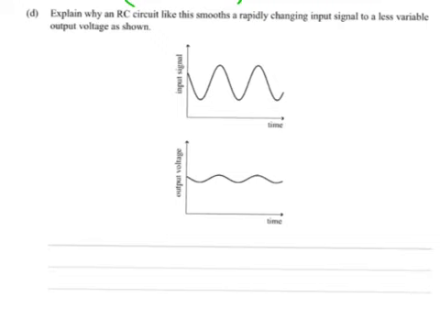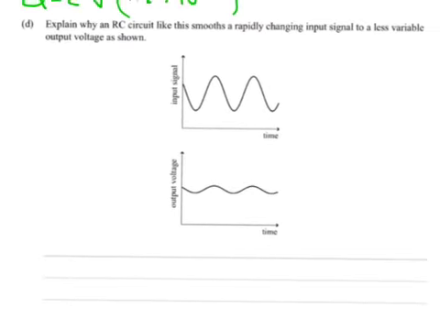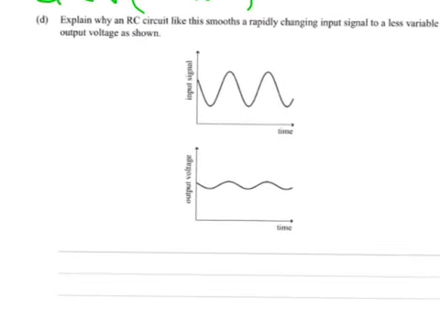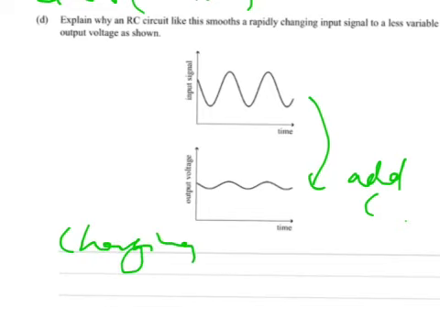D. Explain why an RC circuit, this is the last one. Explain why an RC circuit like this smooths a rapidly changing input signal to a less variable output voltage as shown below. So it goes from this to this when we add a capacitor in series. Your explanation needs to talk about the charging and discharging characteristics of a capacitor.